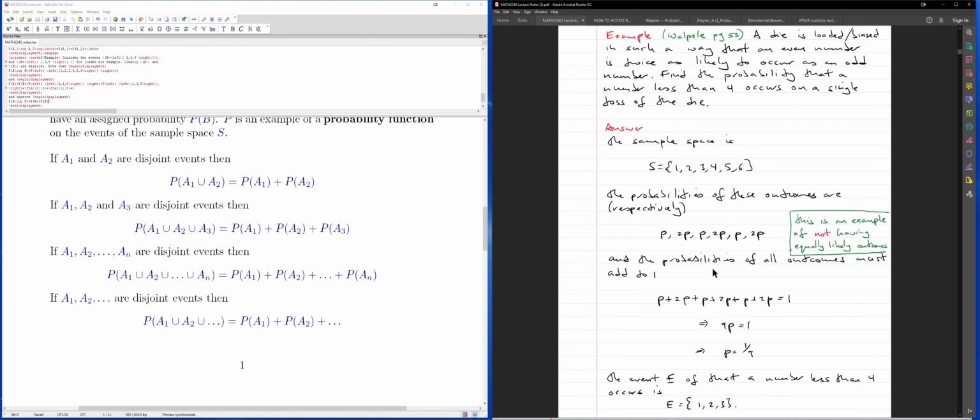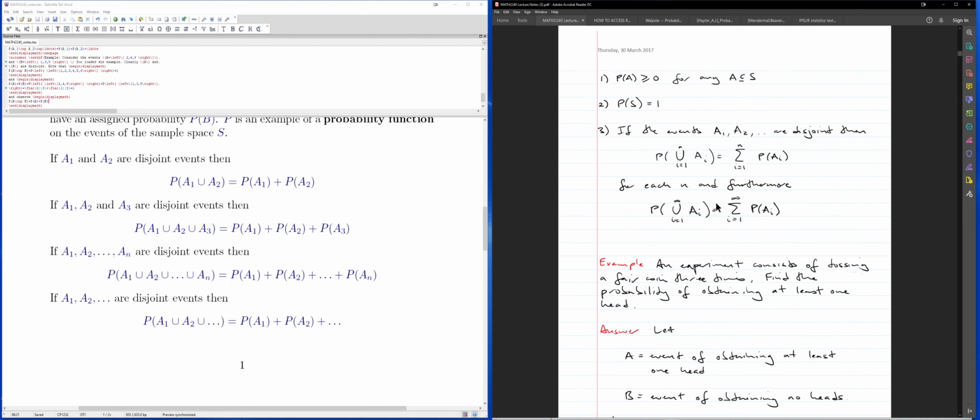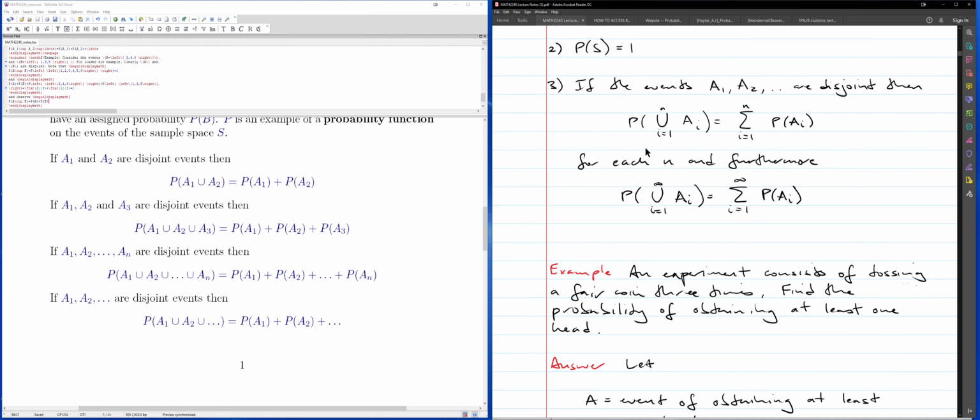That is what this notation means. You're taking the union of the Ai's, so starting from i equal to 1, that's just A1, and then i equal to 2, which is A2, and then you go up to i equal to n, which is An.